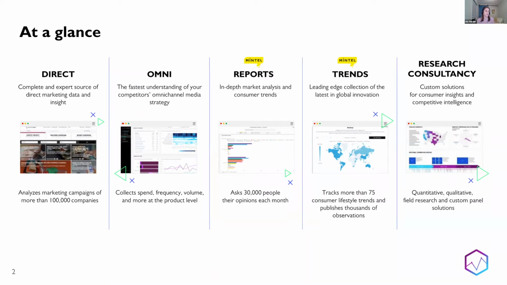So a lot on the consumer, but we also have a ton on the marketing. We have multiple products dedicated specifically to monitoring the marketing across literally every media channel that's out there, so we have a couple of platforms for that as well. That's what's going to go into the session today. And I can explain a little more at the end about what we do and how to learn more if you're interested in getting to a deeper level with some of these insights.